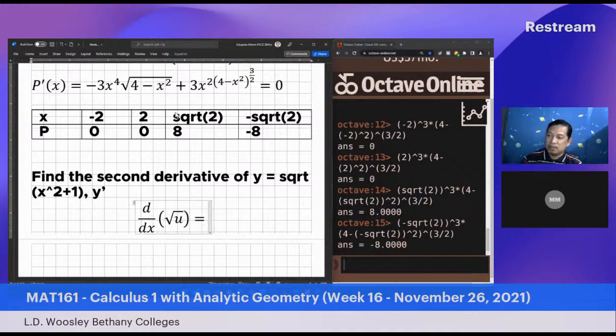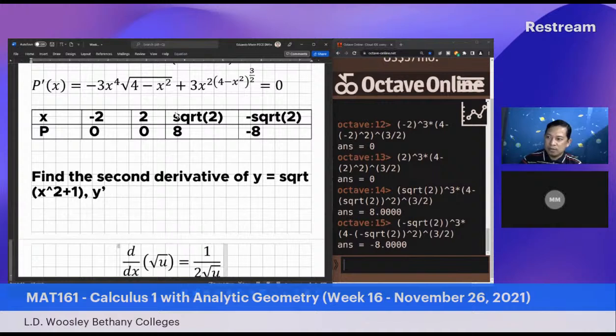What's the answer? 1 over, Micaela? 1 over 2 square root of u. Tama ba? Still follow the pattern? Times du over dx.